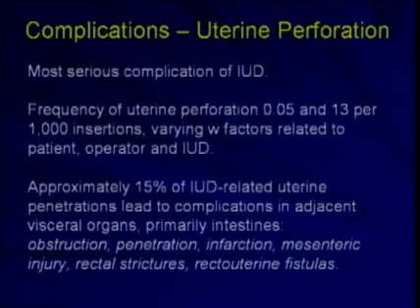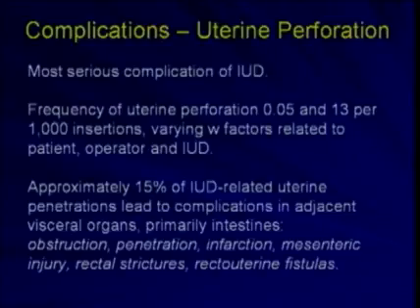Uterine perforation is the most serious complication of IUD, and the literature shows that the frequency varies between 0.05 and 13 per thousand insertions. The frequency varies with the factors related to the patient, the operator, and the type of IUD.